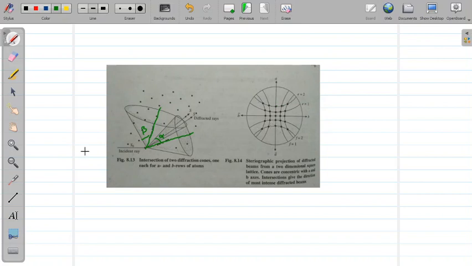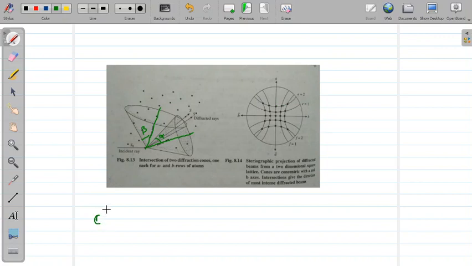And similar to the treatment of the two-dimensional case, we can consider the third dimension of the crystal, where the atoms are arranged in all three dimensions. There also we can derive the Laue equation, which is very similar to the equations that we already learned.